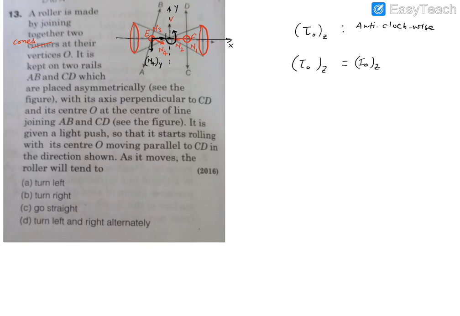That means angular acceleration will come, and this angular acceleration will turn this entire structure in future towards this direction. That means it is turning like this, and what we can call it, left, right, or what? So as per the viewer, it's turning towards the left. So we will say the left turn is our correct answer. Okay, thank you.